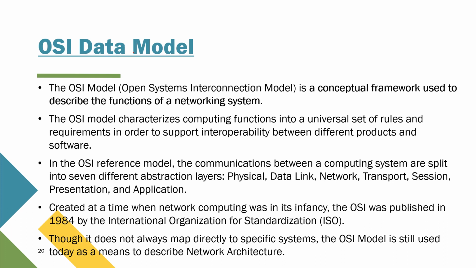It started in 1984, which means it has been there for 38 years. It was created by the International Organization for Standardization, which is ISO, to make sure that all of the language is the same for all of the developers.